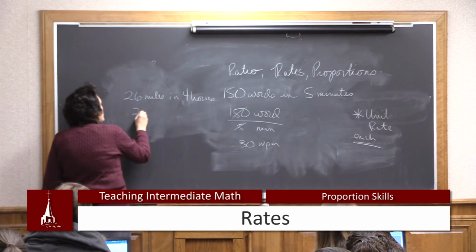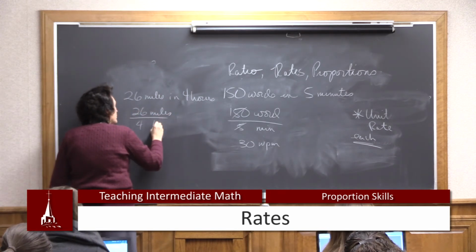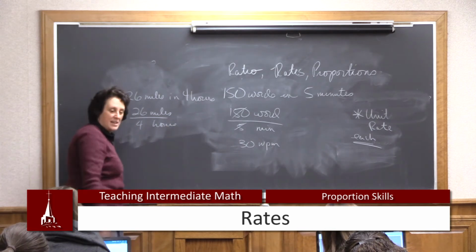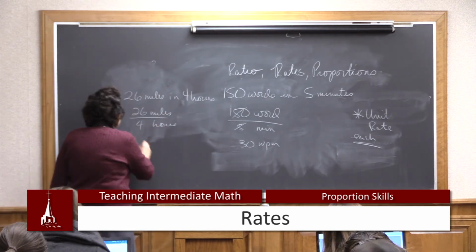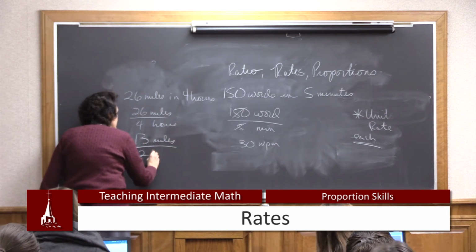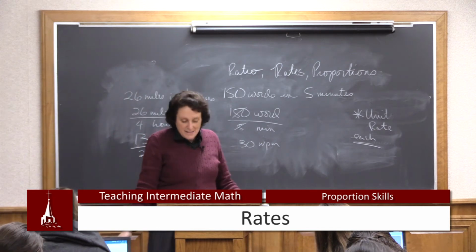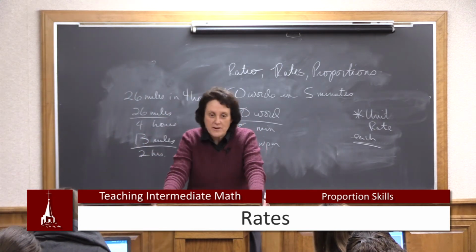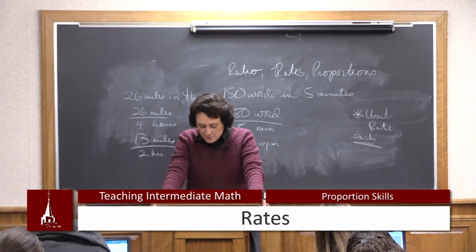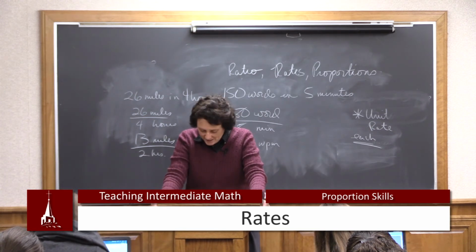That would be 26 miles per 4 hours. But that really has no use. And you can see they reduced it down to 13 miles in 2 hours. That's a rate. Not very commonly used. We need to proceed directly to objective B, writing unit rates.